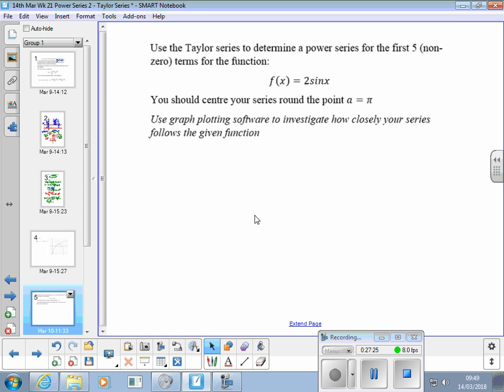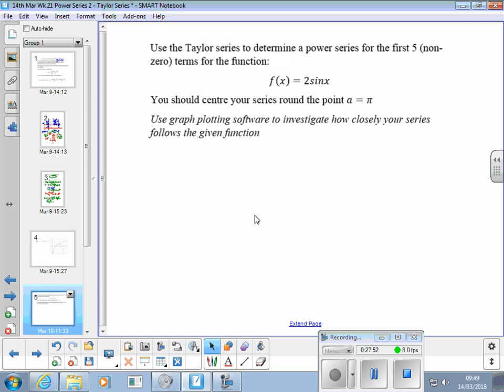Right, we're going to have a look at Taylor series to determine the first 5 non-zero terms for the function f(x) equal to 2 sin x. Remember, we did the sine last week, but we used the Maclaurin series and focused on where x is equal to 0.